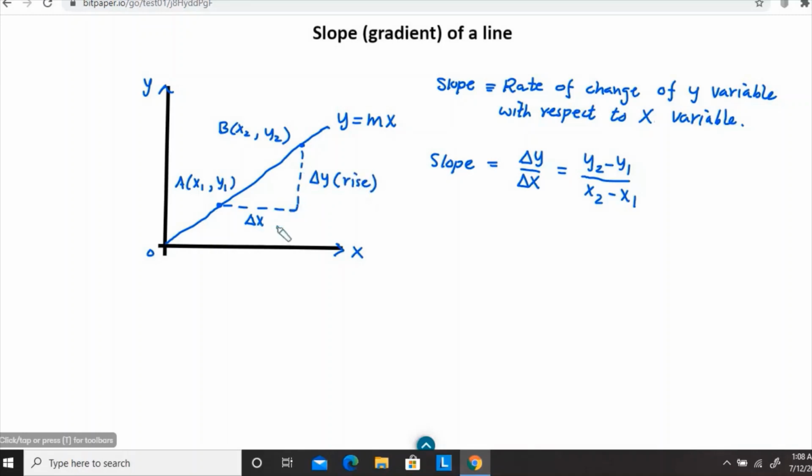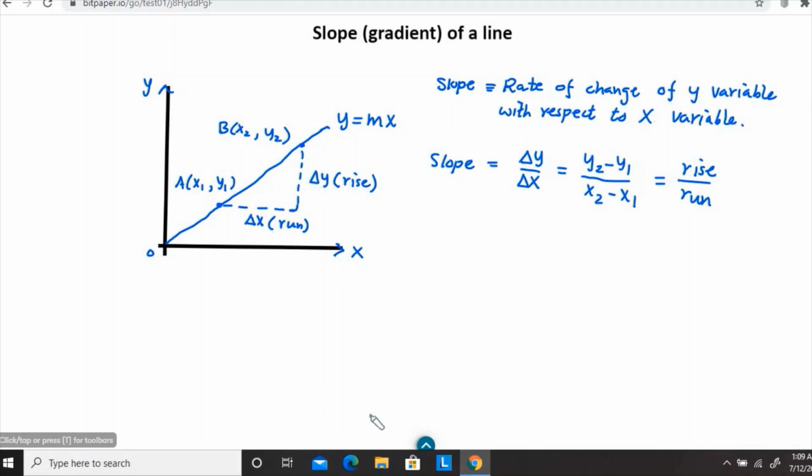Delta y is the rise and delta x is the run. So we can further write this as rise over run. So that is another common way of defining the slope of a line. Just find the rise over run and you get the slope.